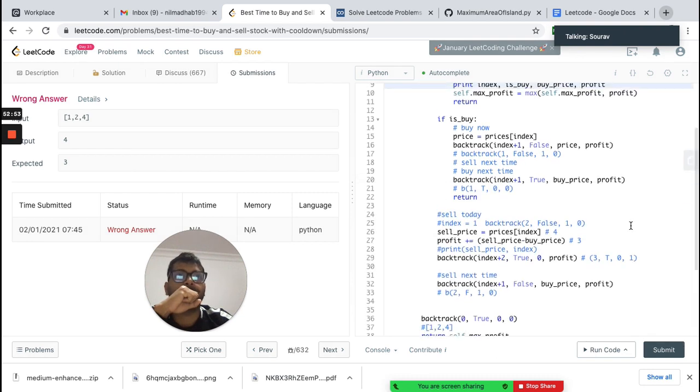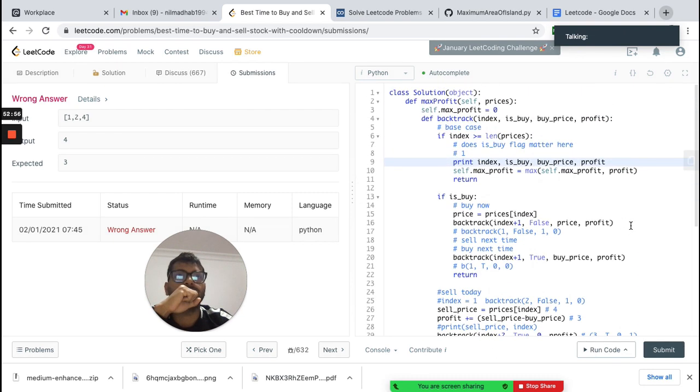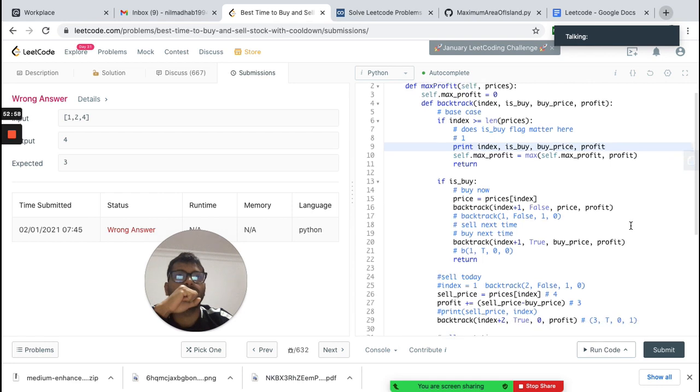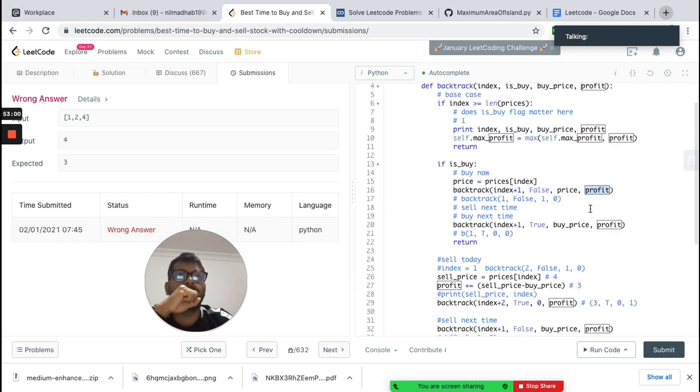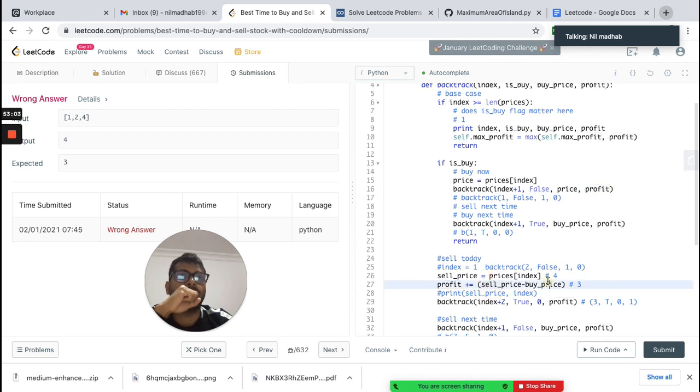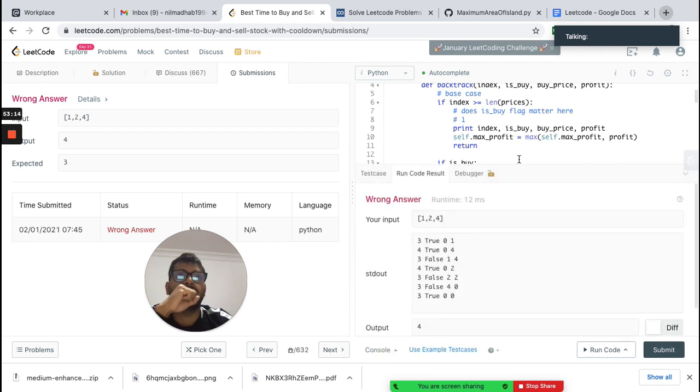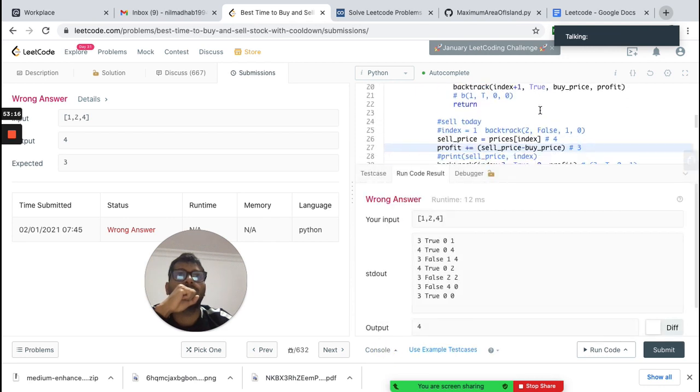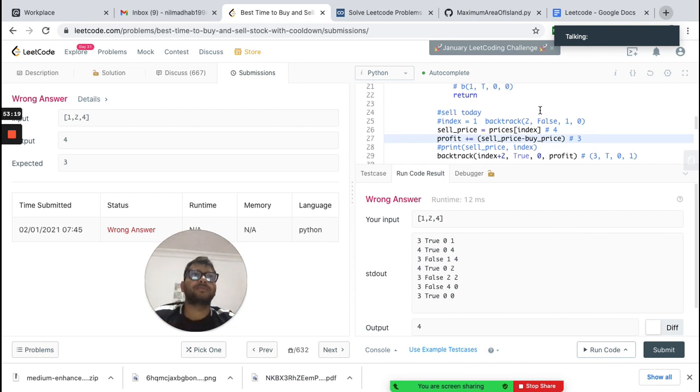Profit is always sell price minus buy price. Oh, we are doing plus 1. So maybe we are getting 1 somewhere, and 1 plus 3.